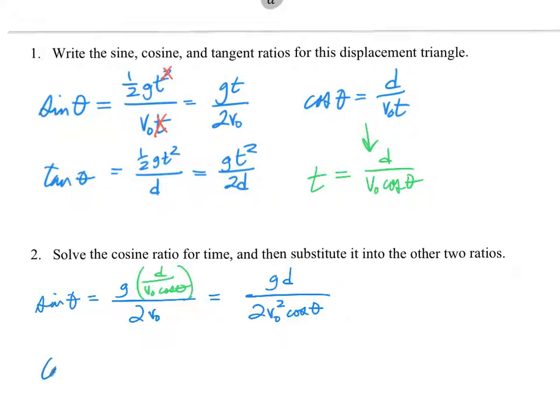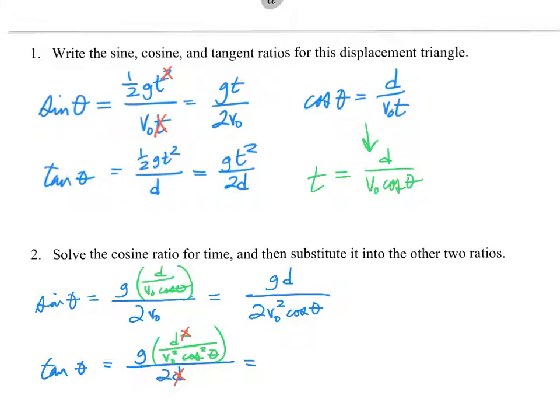And the tangent theta would be g over 2d, and then we would be squaring this time, so I'd have a d squared over a v naught squared cosine squared theta. Just going to kind of square it in place there. And then one of those is going to kill one of those.